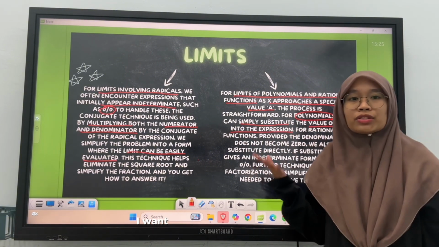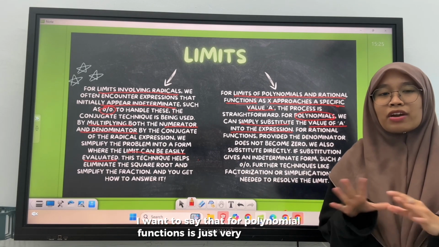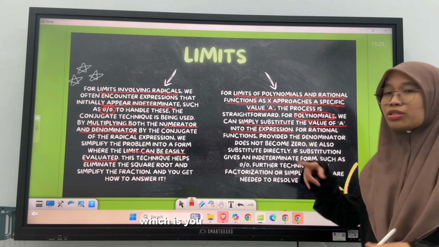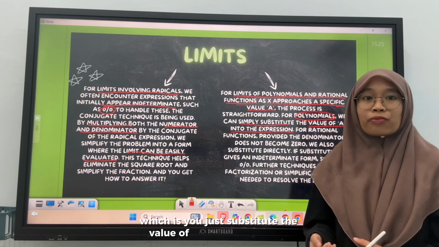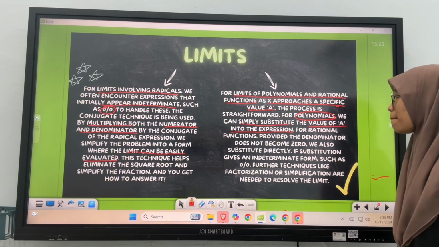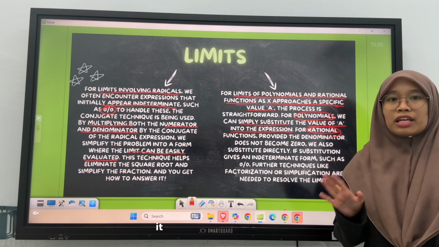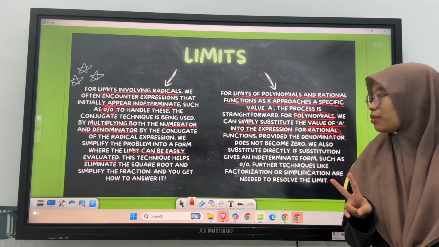You just substitute the value of a into your function and then you will get the answer. But for rational functions, it will result in two cases.